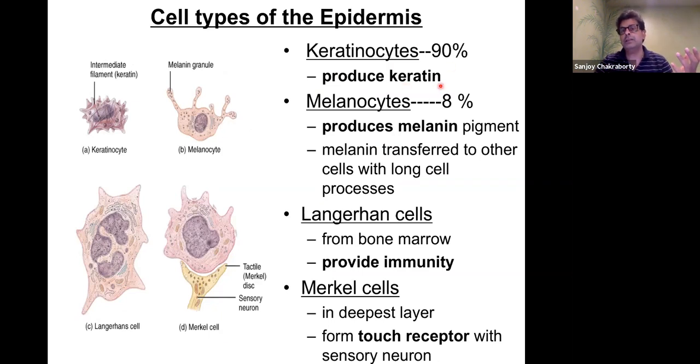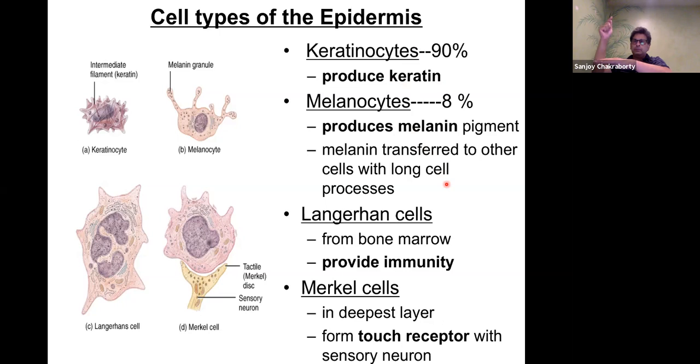So that's keratinocyte. Melanocytes produce melanin. Of course we know that already, that's about another 8% of the cells, the second largest population. What their function is, is very important to understand. Melanin basically protects our cell DNA from mutation. Our cell DNA gets mutated by many environmental things.